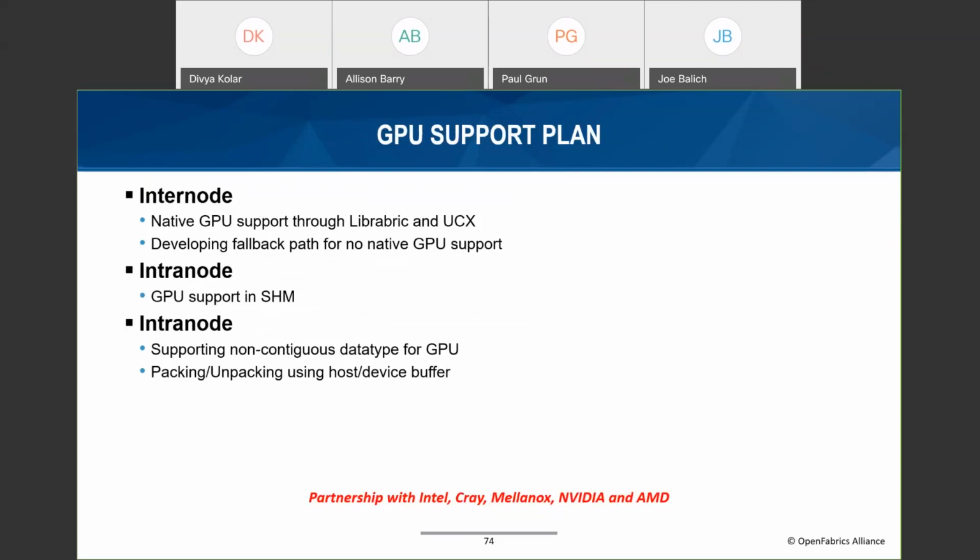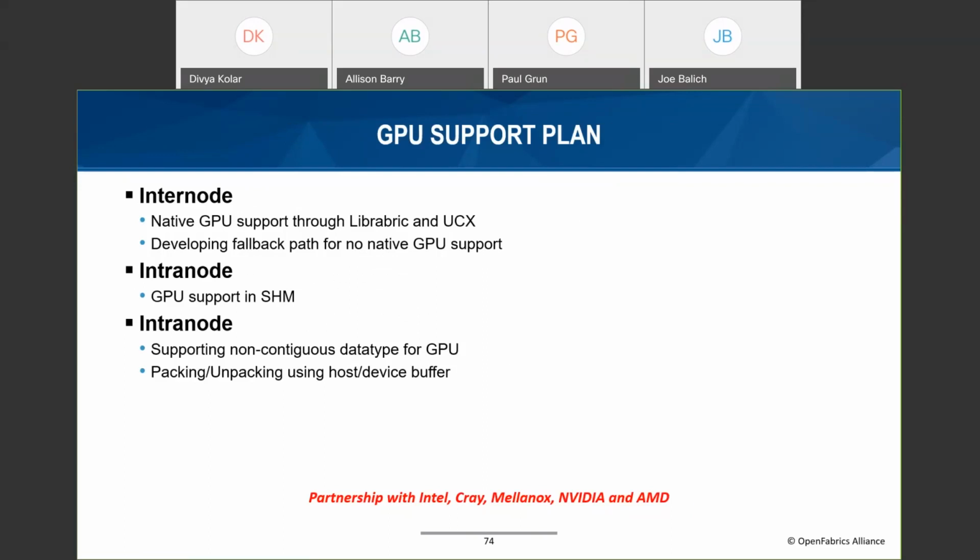Okay, so that's for the collectives. The plan for the GPU is relatively simple. For most of the internal GPU support, especially the native GPU support, we rely on the network library, in this case Libfabric, and also UCX. What we're trying to provide internally is a fallback path for the case where native GPU is not supported.